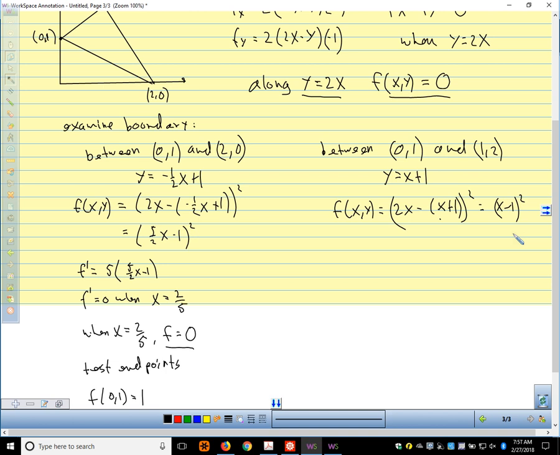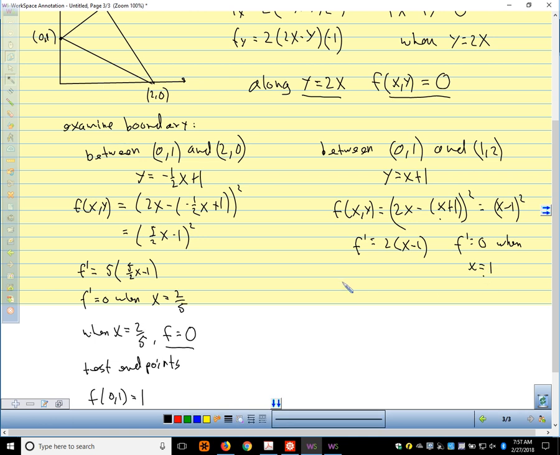And we need to find the extreme value of that function. So I'm going to say f prime is 2 times x minus 1. And this equals 0 when x equals 1.